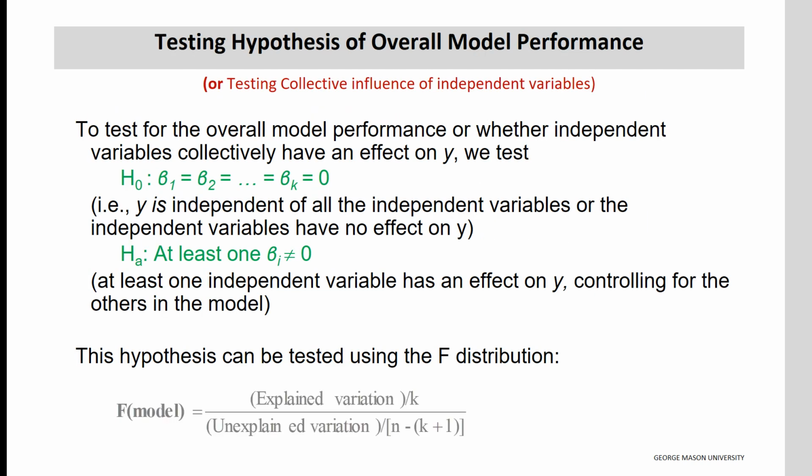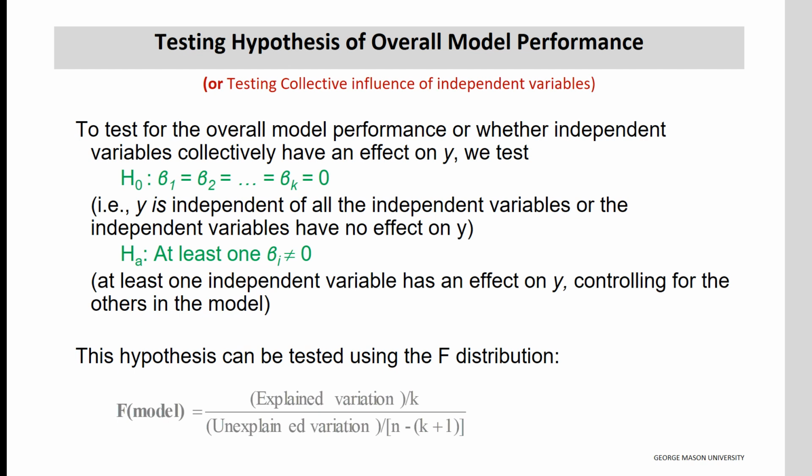To test the overall significance of the regression model, we use a hypothesis test that includes the null hypothesis that all of the slopes associated with the independent variables equal 0, that is, Y, the dependent variable, is independent of all the explanatory or independent variables, or you can say that the independent variables have no effect on Y. And the alternative hypothesis would say that at least one independent variable has an effect on Y, controlling for the others in the model.